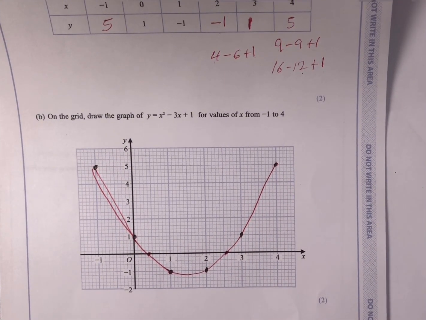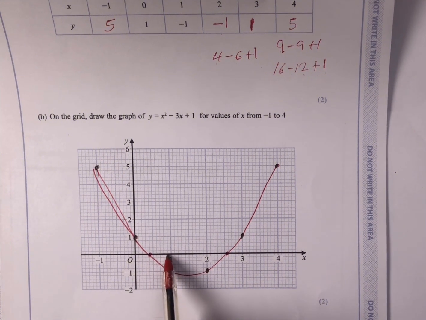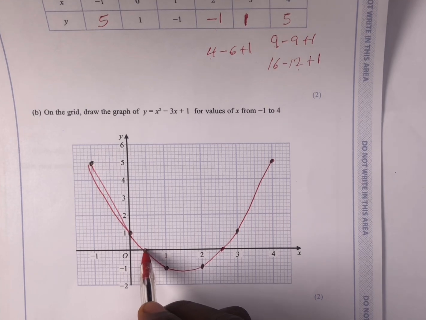So let's see. We have here 1, 2, 3, 4, 5, 6, 7, 8, 9, 10. So 10 lines is giving us 1. So what will this line give me?